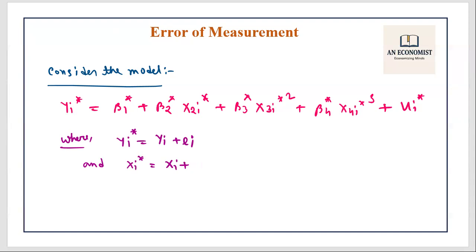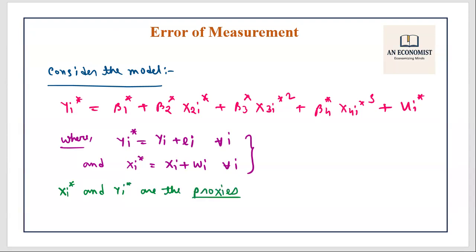Let me change the error here. This is say wi. For all i, this is the scenario now. So what can you say about xi star and yi star now? What we can say is that xi star and yi star are the proxies for xi and yi respectively, right?